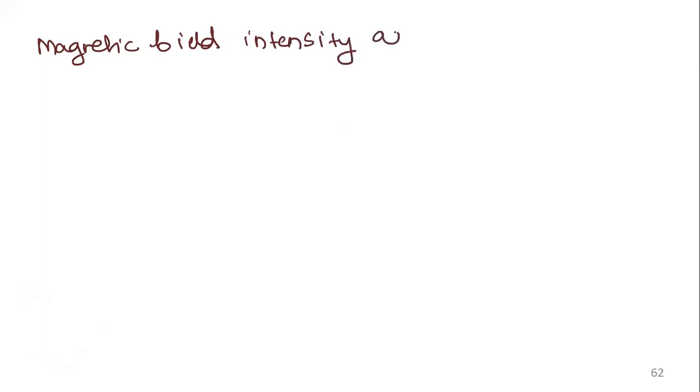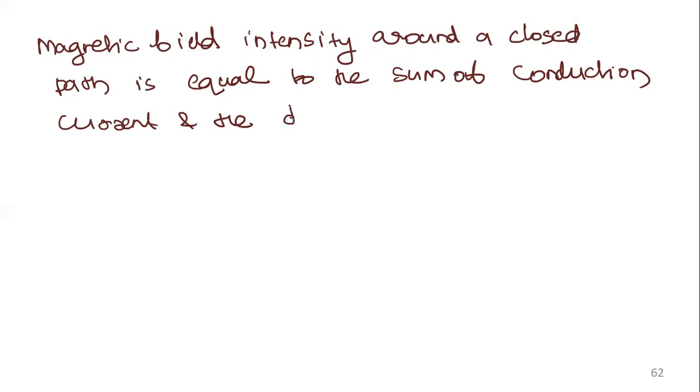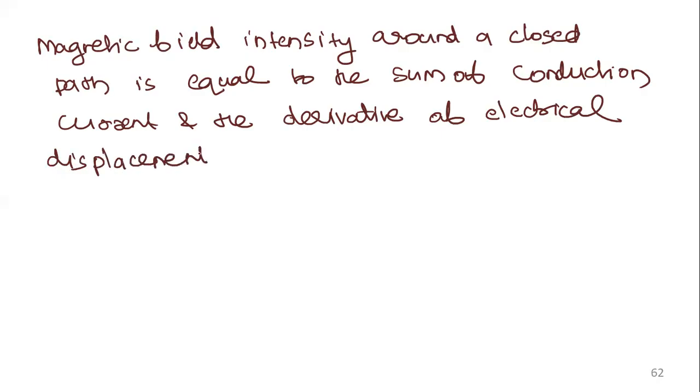So what we can summarize and write is that the magnetic field intensity around a closed path is equal to the sum of the conduction current and the derivative of electrical displacement, that is dou D by dou t we are talking about, the derivative of electrical displacement through any surface.